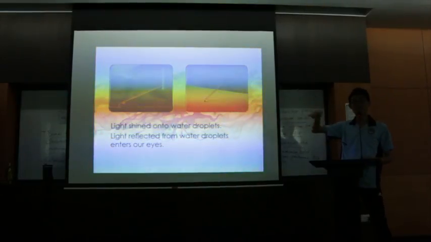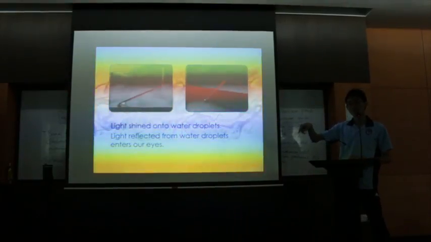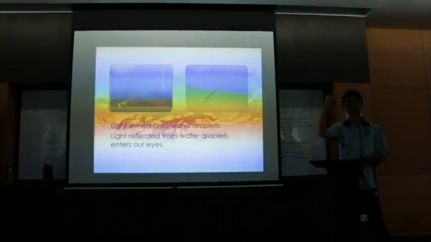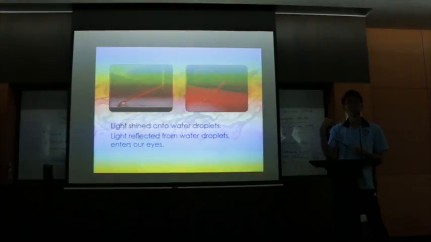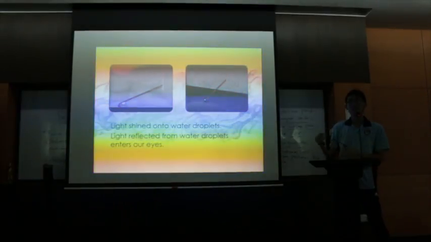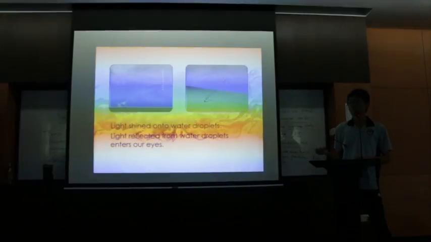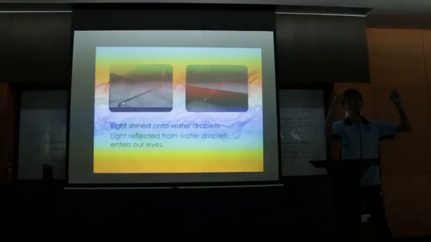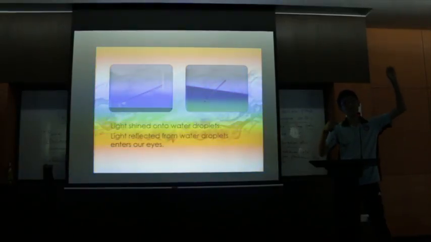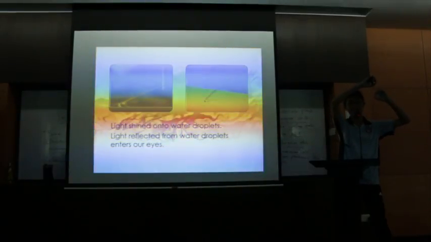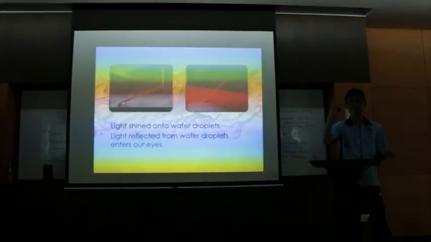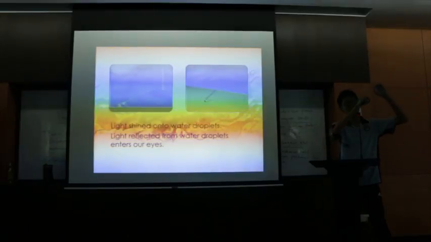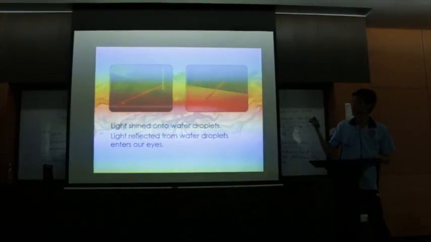Red light on top, and then violet light on the bottom. So imagine red light entering our eye, but the violet light does not, because it's being spread out. But we can still see the violet light. It's because water droplet A reflects red light into our eyes, while water droplet B in another position reflects violet light into our eyes. So it's from 2 different raindrops into our eyes.